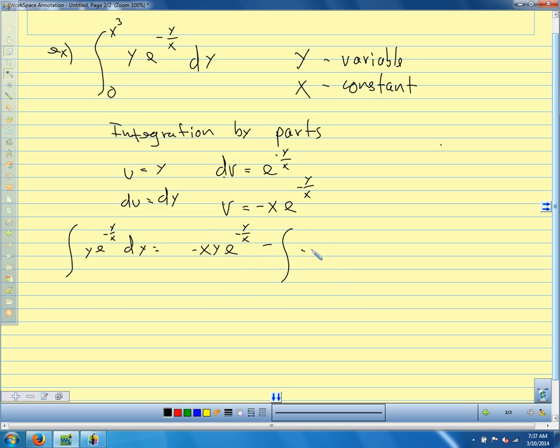So we get a minus x e to the minus y over x dy. Now we need to evaluate this integral. So what are we going to do to evaluate this integral?